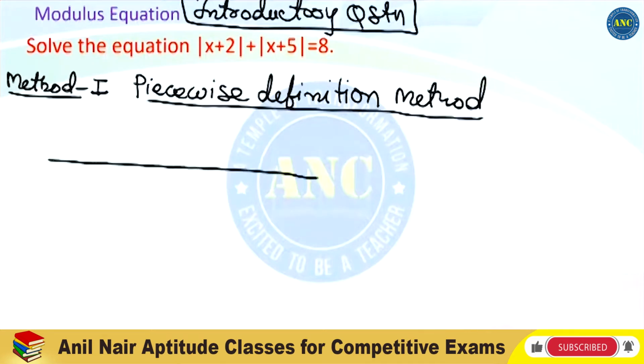|x + 2| + |x + 5|. First critical point is minus 5. Next critical point is minus 2. Forget about the right hand side. First see the behavior of the graph.